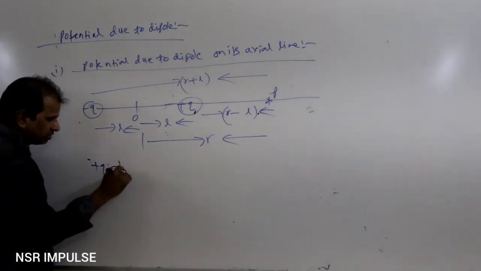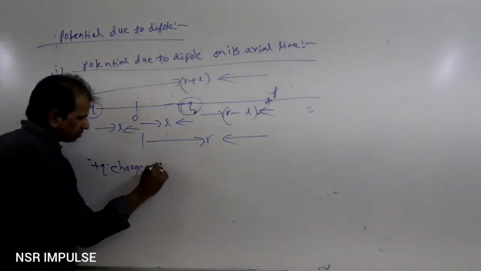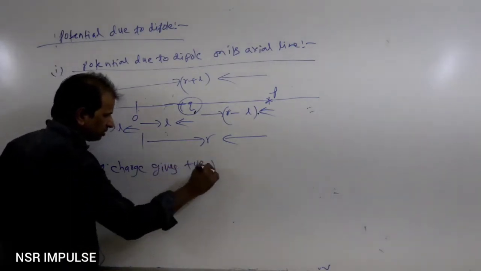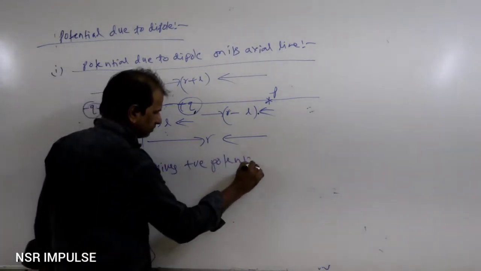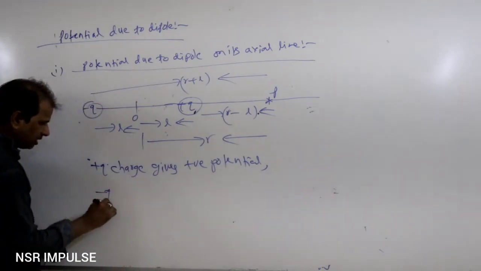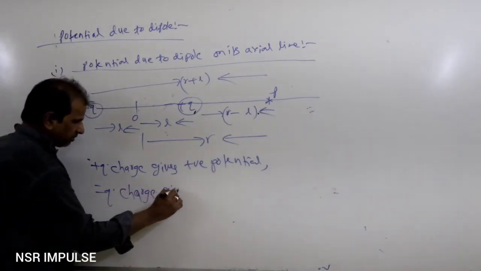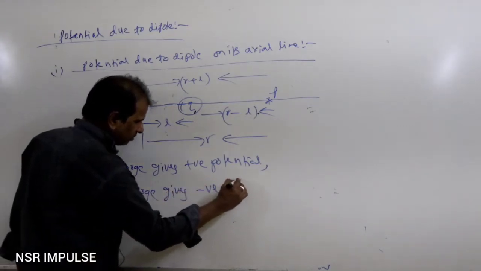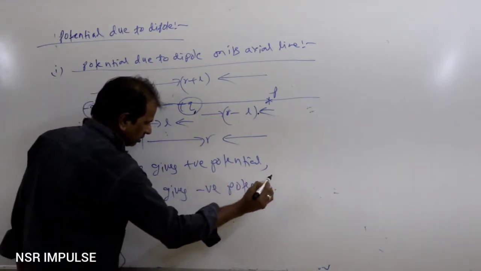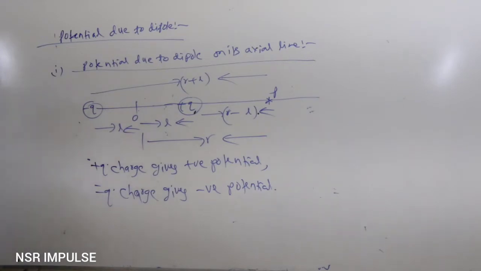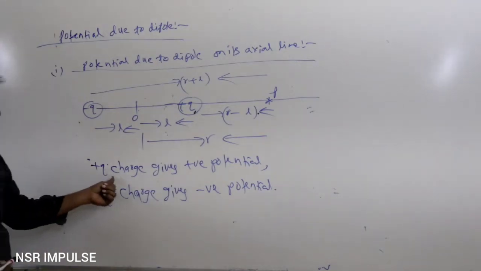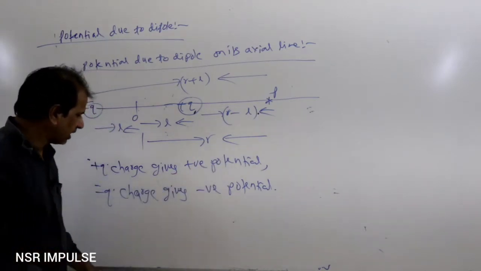Plus q charge gives positive potential, whereas minus q charge gives negative potential. Positive charge gives positive potential, negative charge gives negative potential. Let us calculate.